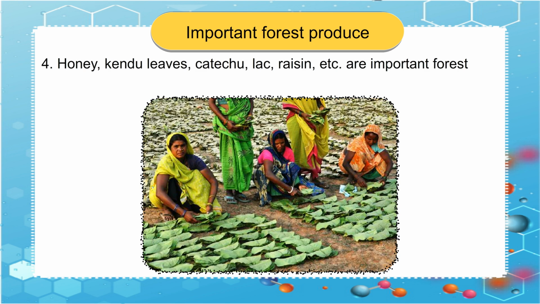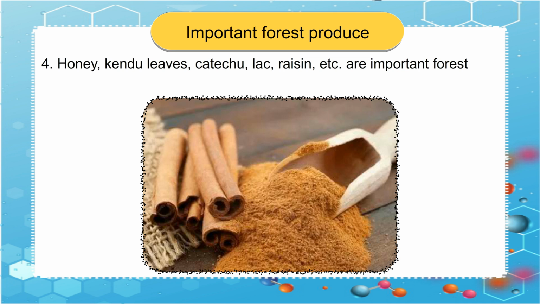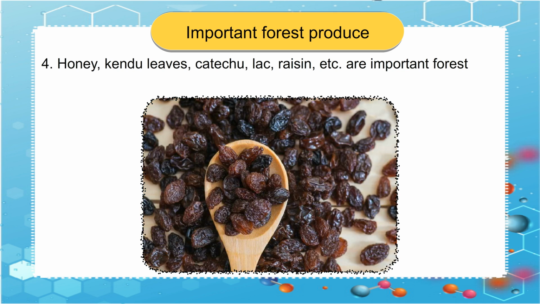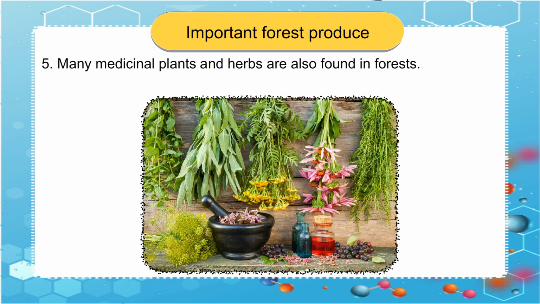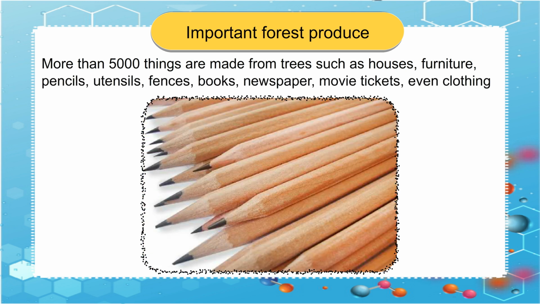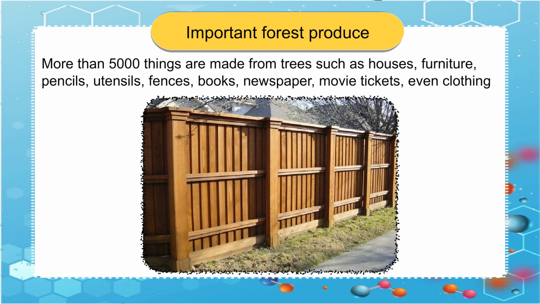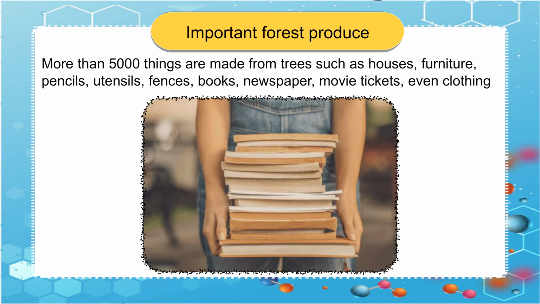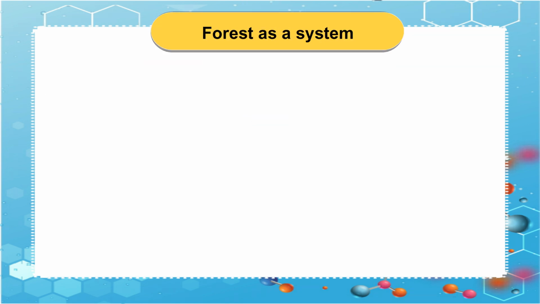Honey, kendu leaves, catechu, lac, resin, etc. are important forest produce. 5. Many medicinal plants and herbs are also found in forests. More than 5,000 things are made from trees such as houses, furniture, pencils, utensils, fences, books, newspaper, movie tickets, even clothing and toothpaste.